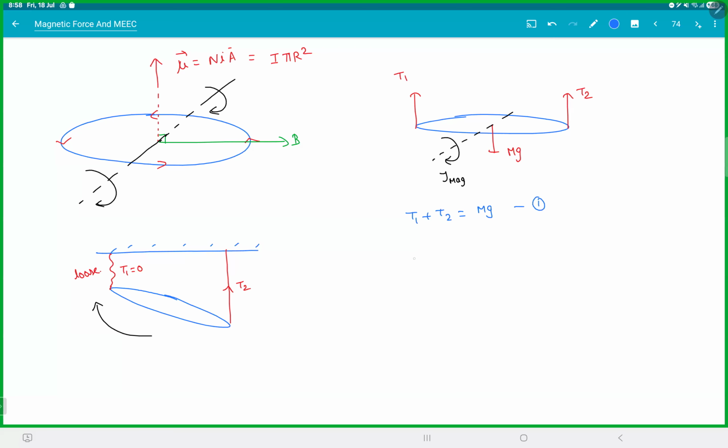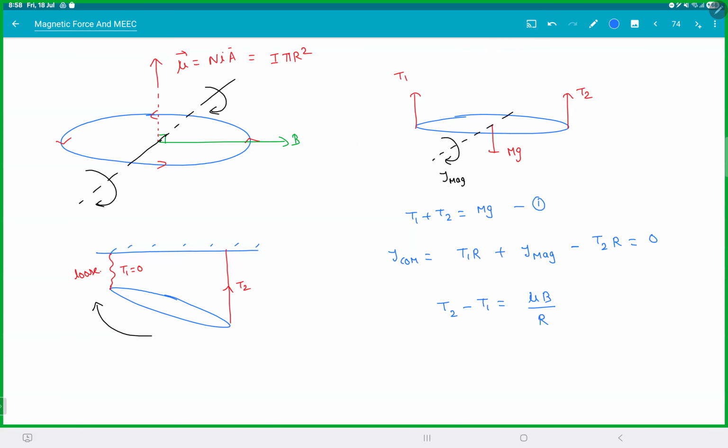So if you take torque about center of mass, then mg's torque is 0. T1 is trying to rotate clockwise. The magnetic torque is also clockwise. So we have T1R plus magnetic torque. The one who is opposing is T2R, equal to 0. So from here we'll get T2 minus T1 will be magnetic torque, which is mu B by R.